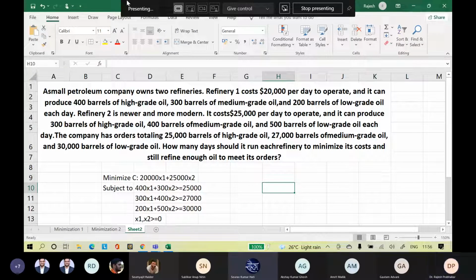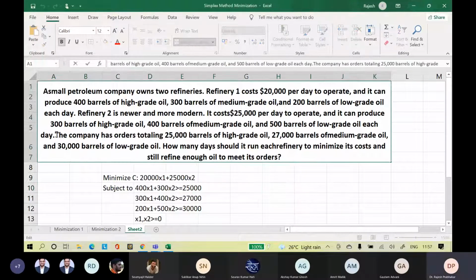It costs $25,000 per day to operate. The first one. Which 25,000? See, 25,000 is the barrels. 25,000 is the order of barrels of high grade oil. 27,000 is the barrels of medium grade oil. 30,000 is the barrels of low grade oil they can produce.